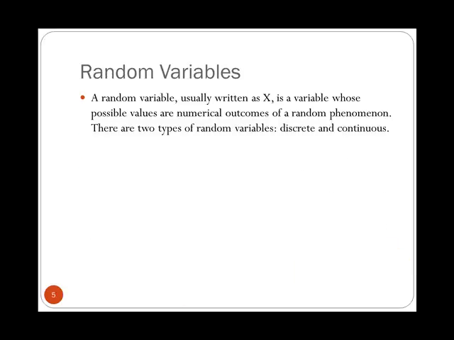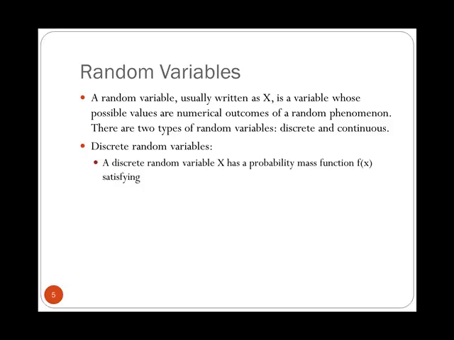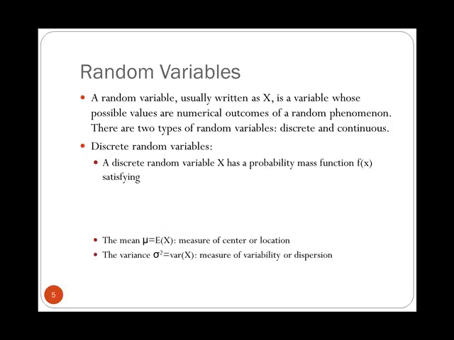Random variables. A random variable X is a variable whose possible values are numerical outcomes of a random phenomenon. In general, there are two types of random variables, discrete and continuous. A discrete random variable X has a probability mass function f(x), where the sum of f(x) is equal to 1 and f(x) is non-negative.